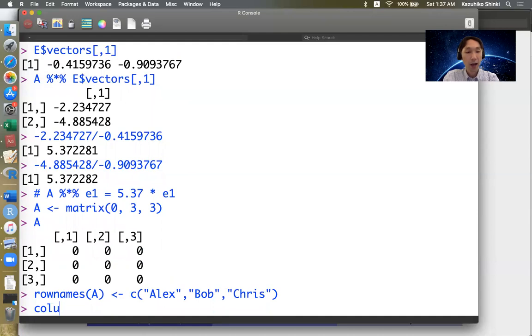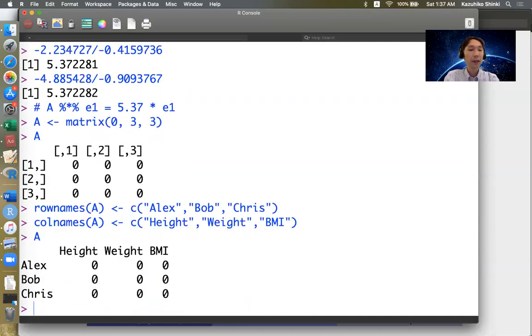And the column names are defined by the colnames function. You can, for example, put height, weight, and BMI. Then A becomes this. This is convenient when you want to see what it means.